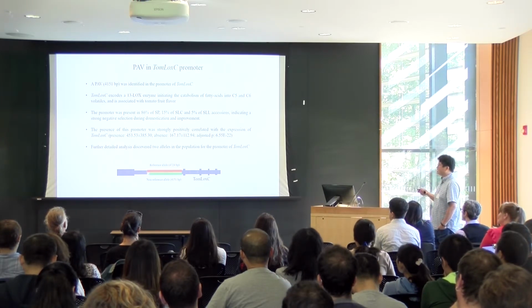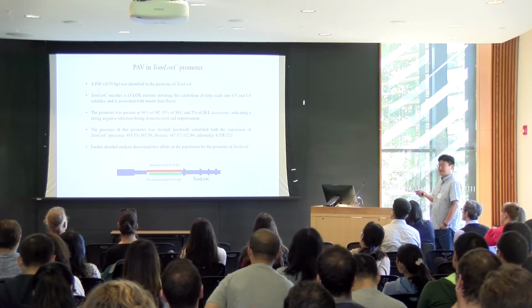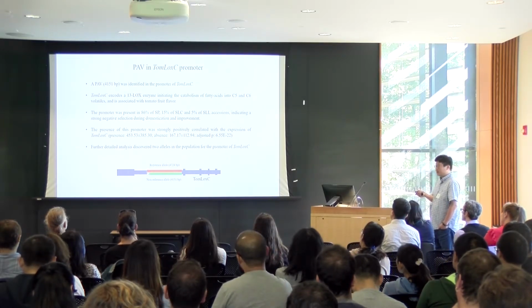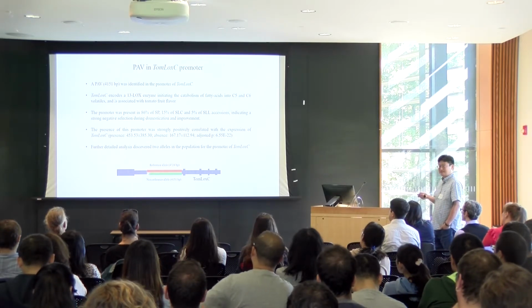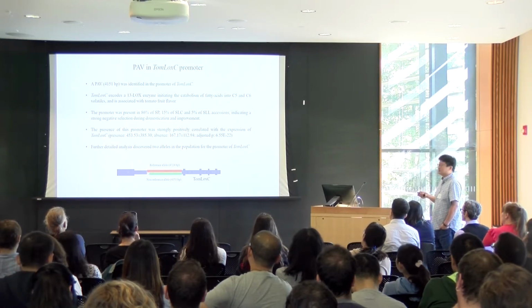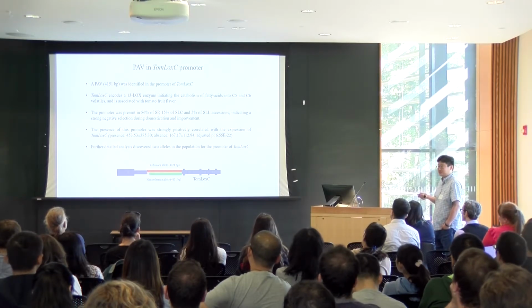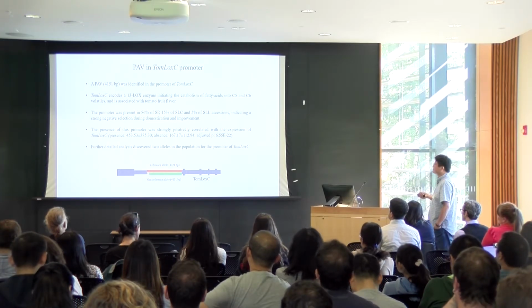And this 4,000 base pair promoter was present in 86% of the pimpinellifolium accessions, but highly decreased in cerasiforme in the landraces, and then continued to decrease in lycopersicum accessions.